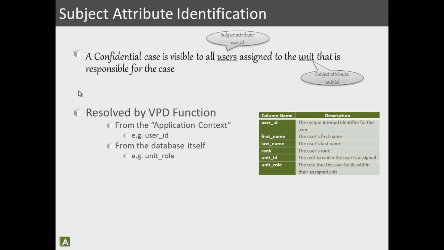The application context is set by the initial callout from the client application using the database driver, in this case the Oracle database driver, which lets the application set context so that we can determine the identity of the originating requesting user rather than the identity of the application calling the database. Based on that user ID, we can retrieve the role of the user from the database itself.